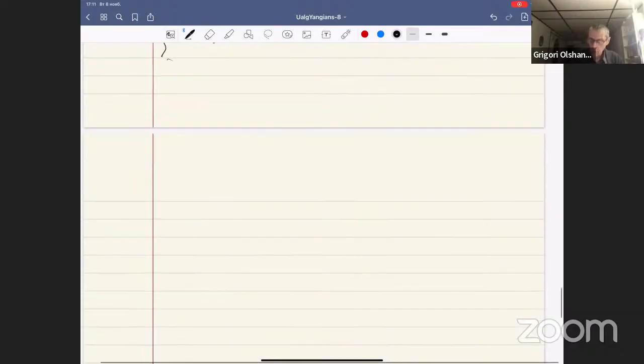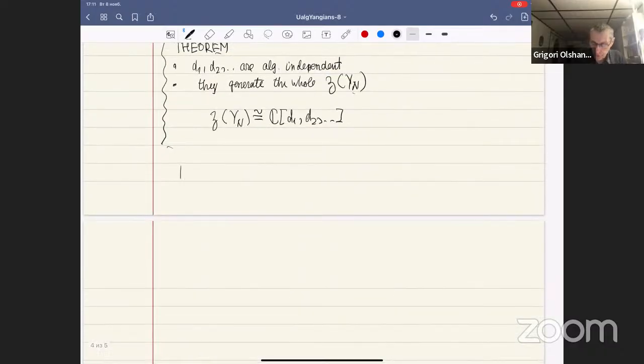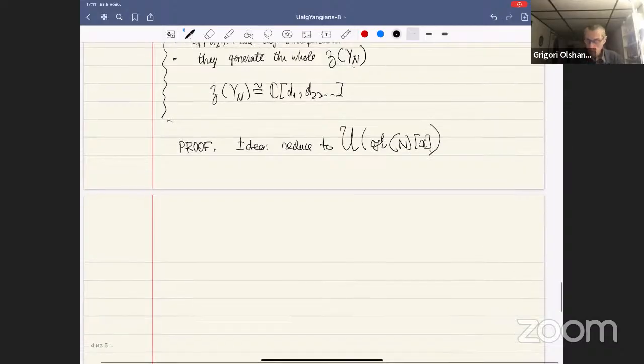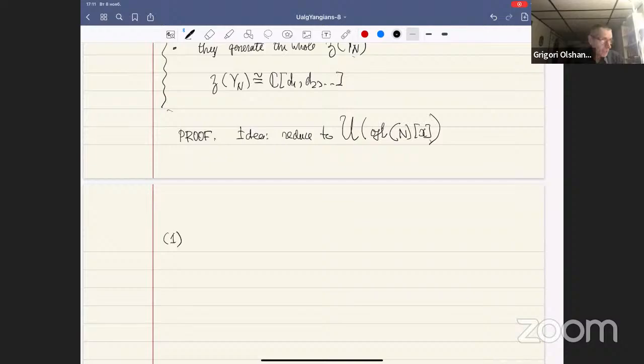Now I want to prove it. The idea is to reduce this claim to this universal enveloping algebra. So the first step is to analyze what happens in this algebra.